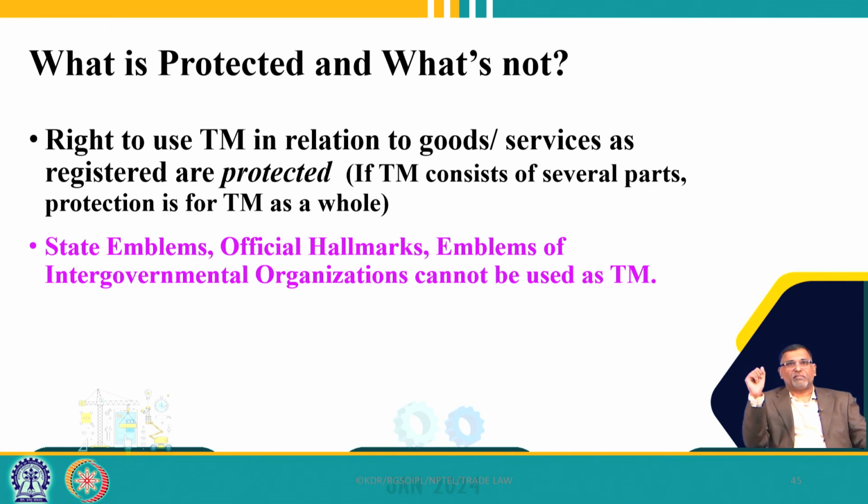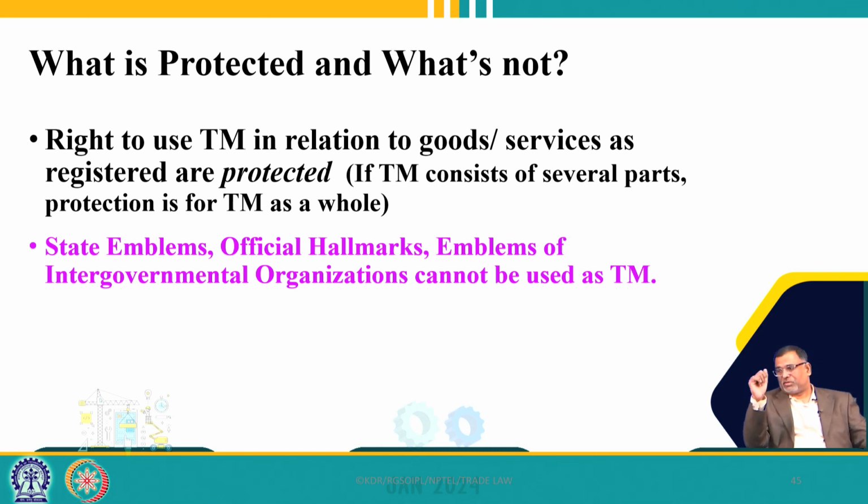And here you can see the trademark is protected for goods as well as services. So, the service mark is registered and protected. It can be emblems, for example, which cannot be patentable. The emblem of intergovernmental organizations cannot be used as a trademark.